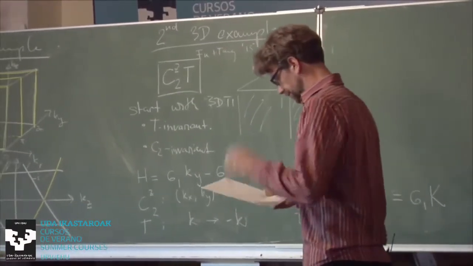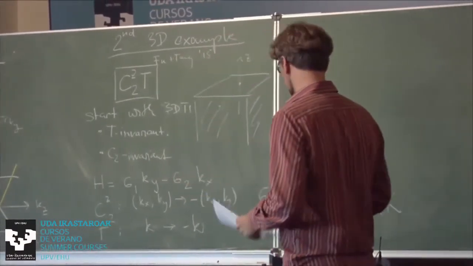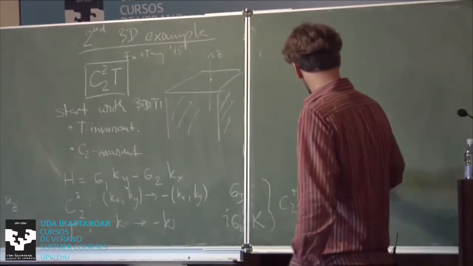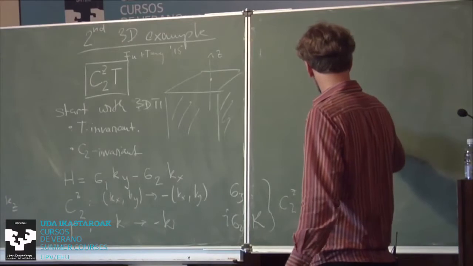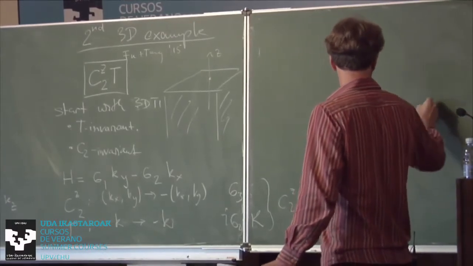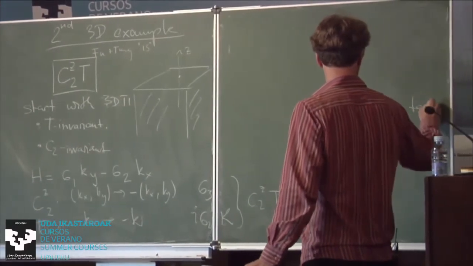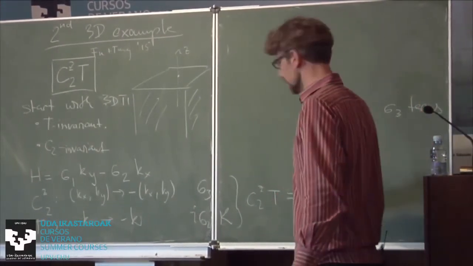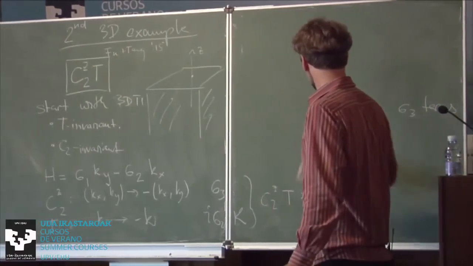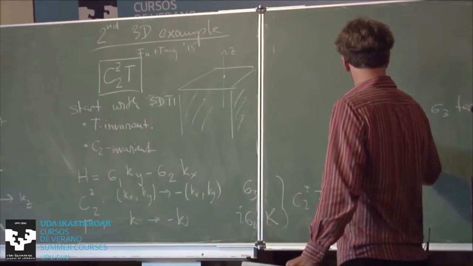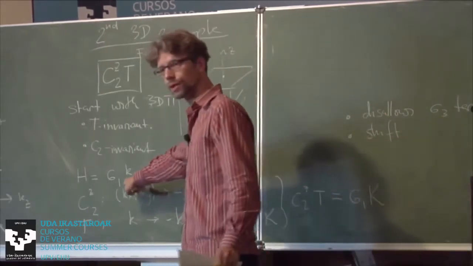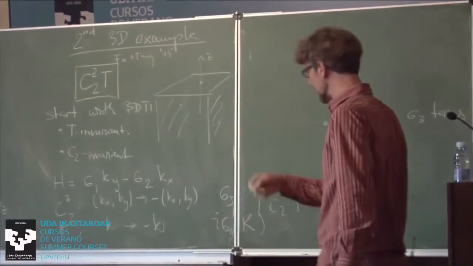And so, now if I only care about this symmetry, it does two things. It disallows sigma 3 terms in the Hamiltonian, because this anticommutes with sigma 3. And it's fine to shift the node of this Dirac Hamiltonian in momentum space.